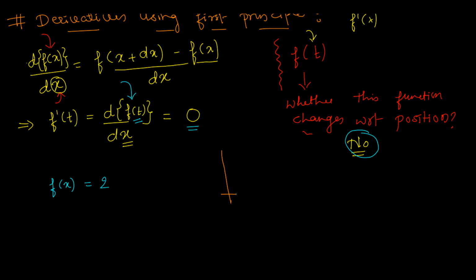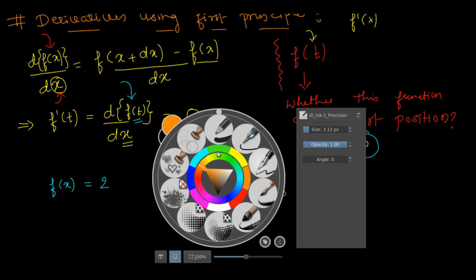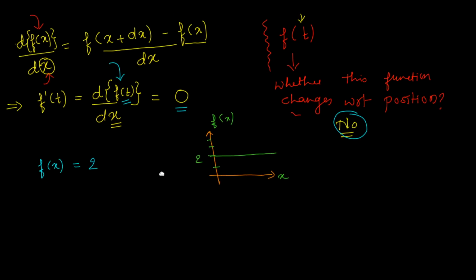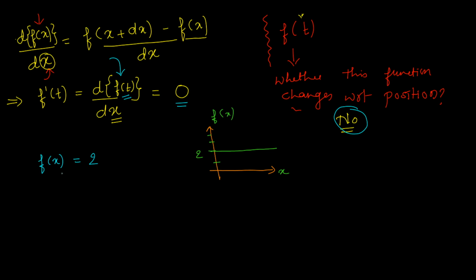F of x equal to 2 is basically this line right here, parallel to x axis, this being my x axis, this is my y axis, or you can call it f of x axis, right? So f of x equal to 2 is just this line, right? Let me try to find the derivative of it. If I try using the first principle, right?